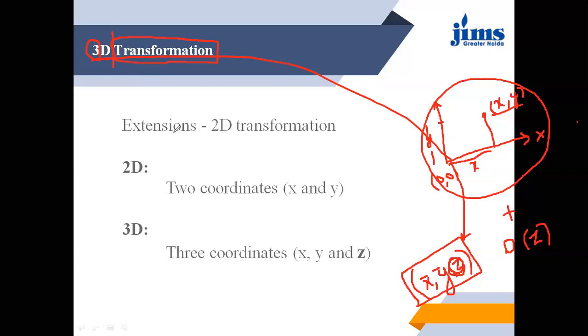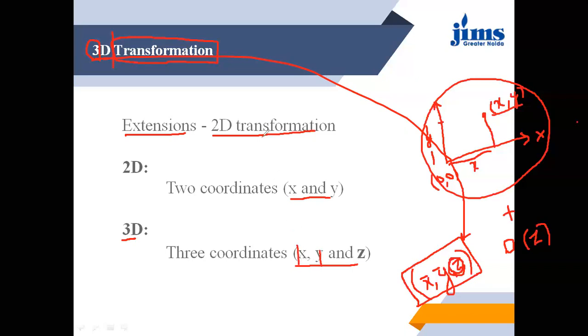So here we will discuss the 3D transformation, and that is the extension of 2D transformations. Whatever we discussed in 2D transformations using two coordinates x and y, now we will implement the same things using three coordinates x, y and z.